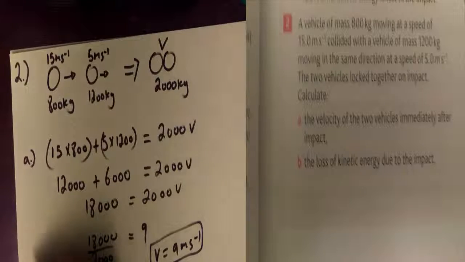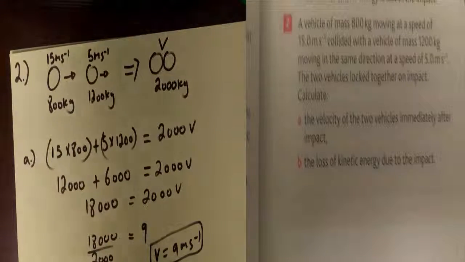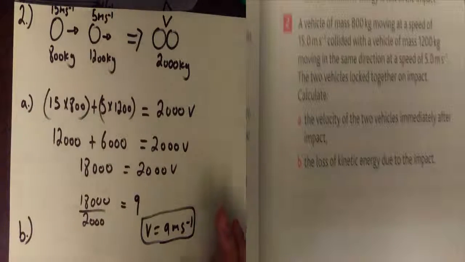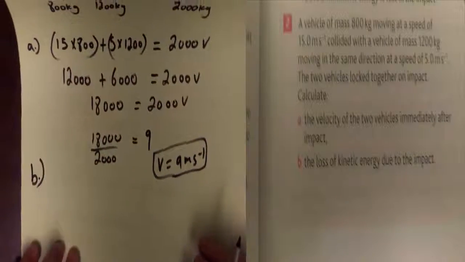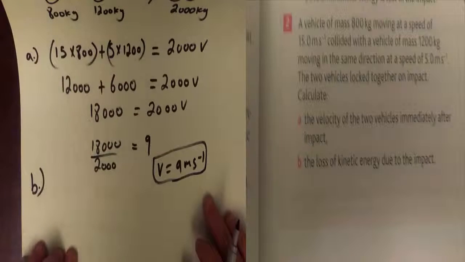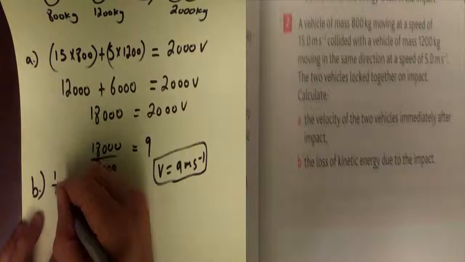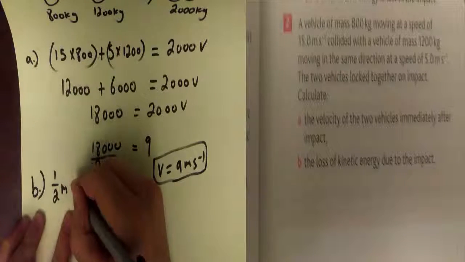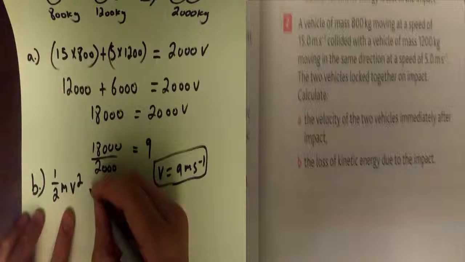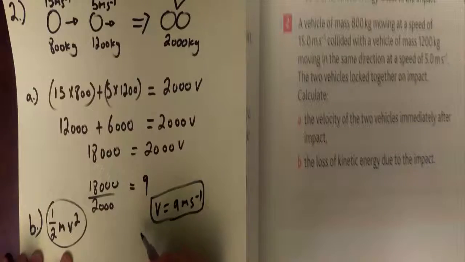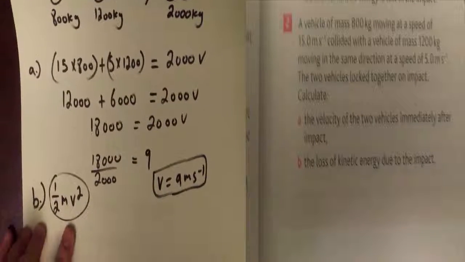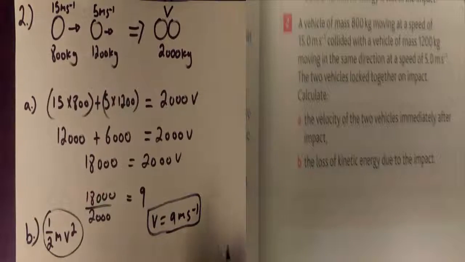Now part B asks us to find the loss in kinetic energy. Now, if we remember our formula for kinetic energy, we know that half mass times velocity squared is our kinetic energy. So it's a very similar principle to what we did before.